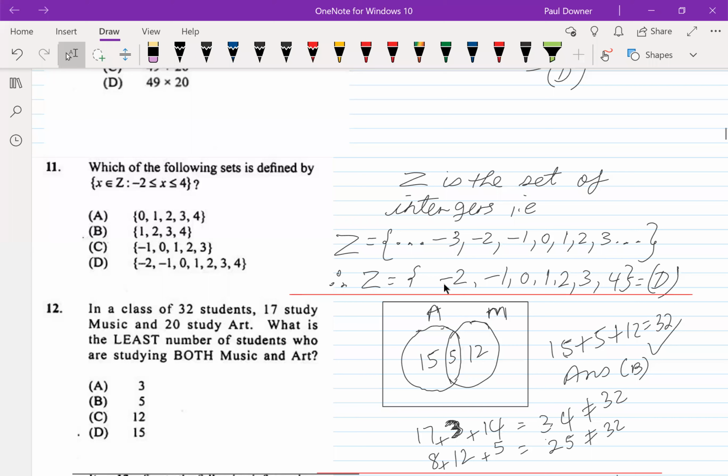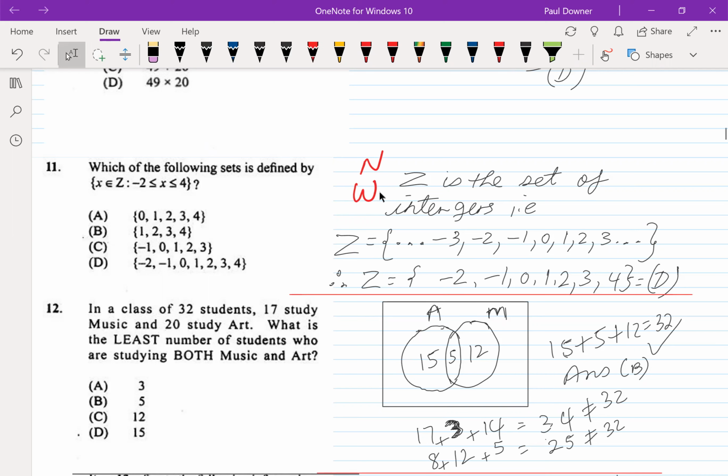Now, you need to be familiar with integers. You need to be familiar with counting numbers or natural numbers, which is given the symbol N. And you need to be familiar with whole numbers, which is normally given with the symbol W, okay? So natural numbers or counting numbers would be 1, 2, 3, 4, 5, 6, 7, 8, 9, 10.